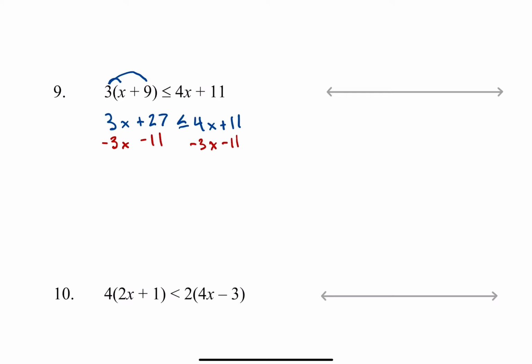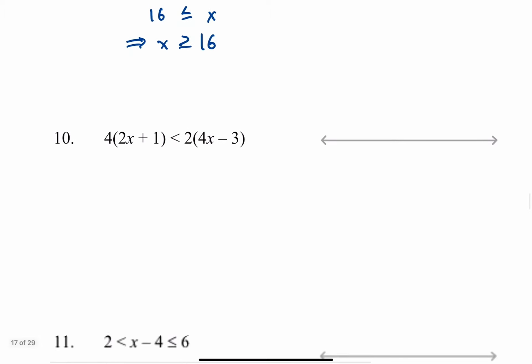And let's see what that gives us. 27 minus 11 is going to give us 16. And that is less than or equal to 4x minus 3x, which is just 1x, but you don't need to write the 1. So this, of course, is going to be equivalent to x is greater than or equal to 16. So therefore, 16 is on our number line. It's a closed dot because of an equal, and we shade to the right.